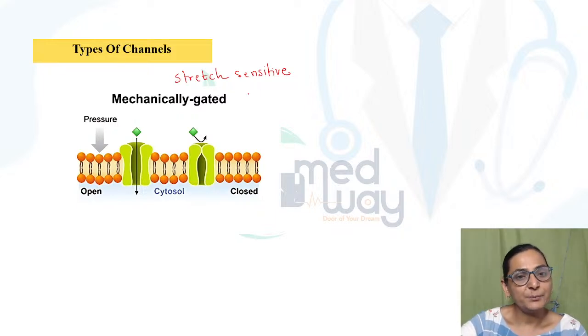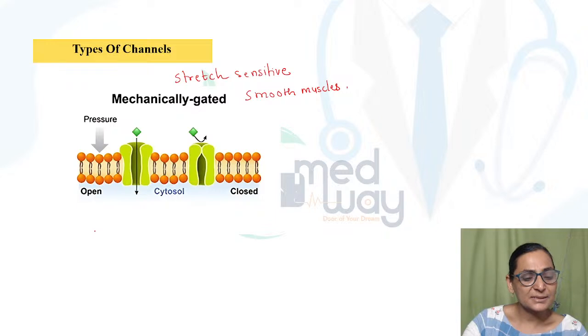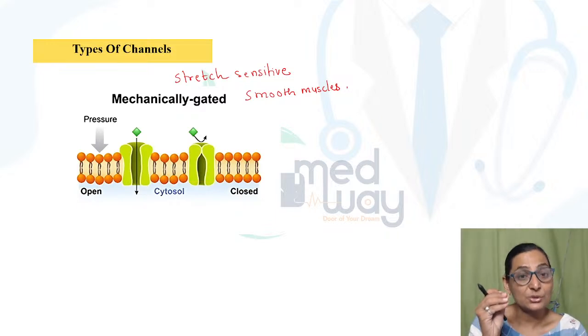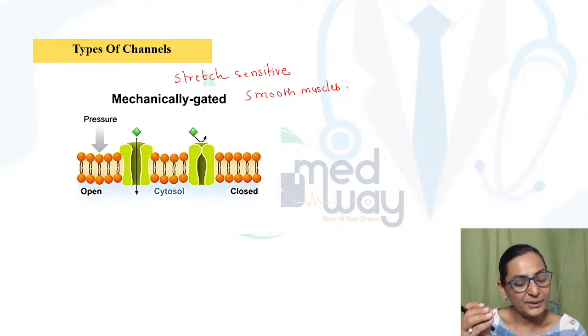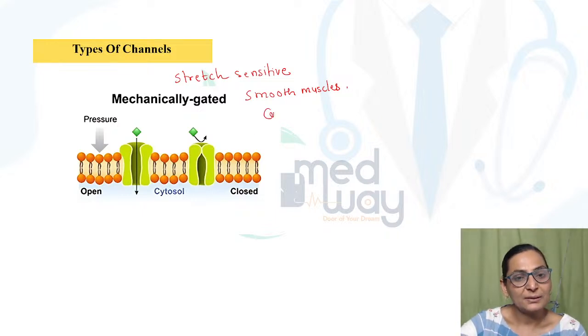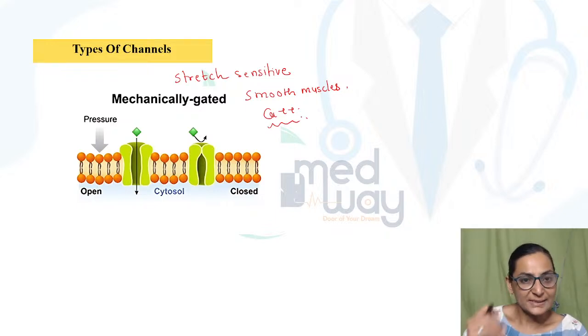These are basically present in the smooth muscles. So whenever the smooth muscles are subjected to stretch, there is going to be opening of the stretch sensitive channels, which usually allow calcium ions to come inside.